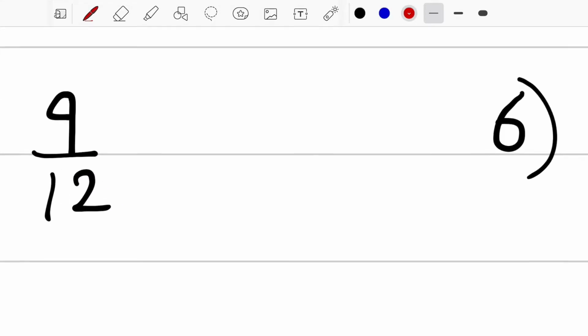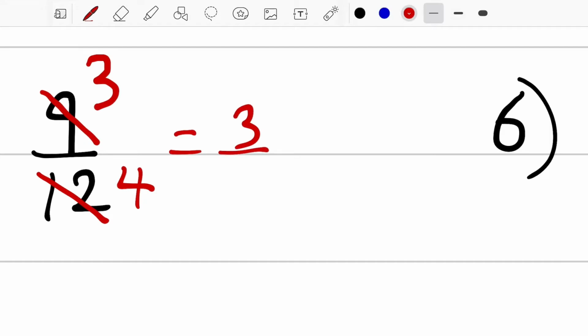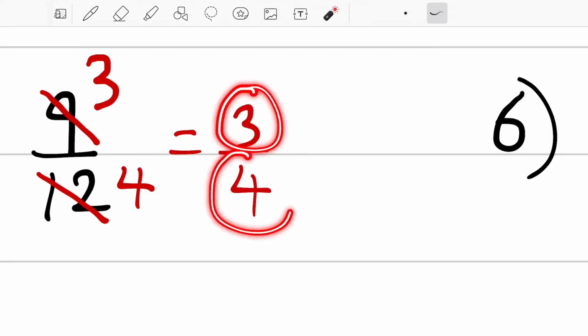So what can go into 9 and 12 without a remainder? So 9 divided by 3, we cancel it here and put 3. 9 divided by 3 is equal to 3, and 12 divided by 3 is equal to 4. So the answer is 3 over 4. There is no other number that can go into 3 and 4 without a remainder except 1, but we don't use 1.